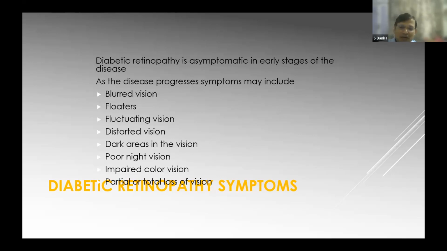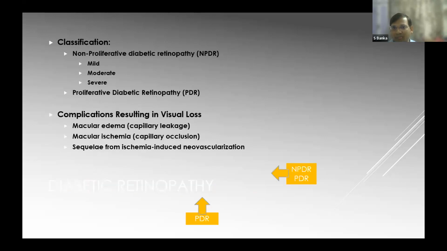That means if you try to read, you may find that the letters become uneven. The image which is being formed at the retina becomes uneven. You can get scotomas and poor night vision, and there can be partial or total loss of vision. But all these symptoms you will get only in advanced stages of diabetic retinopathy.